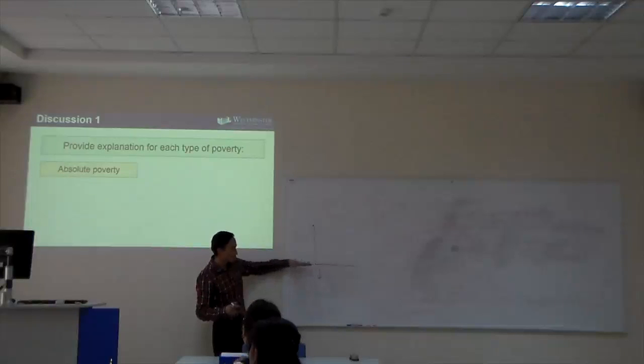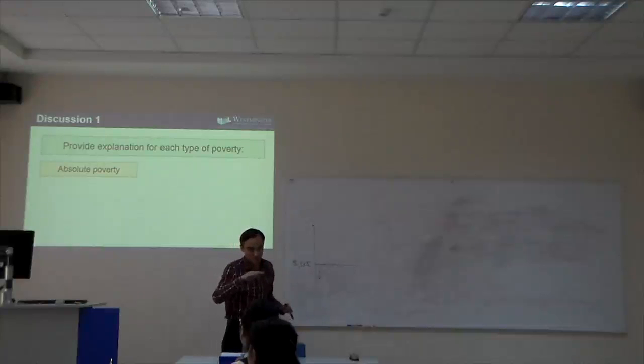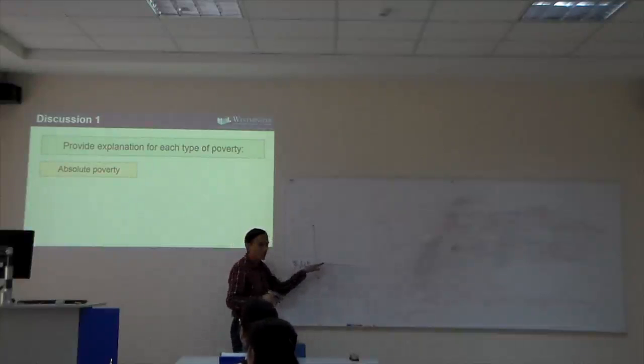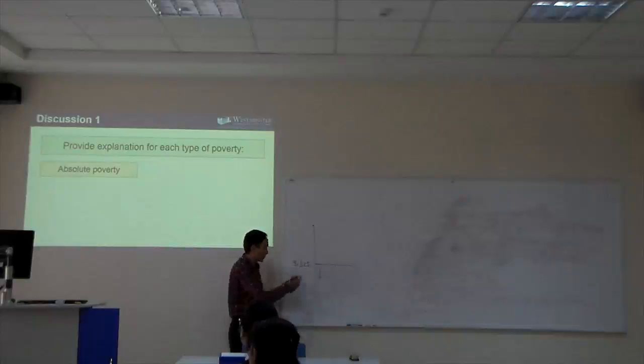$1.25 means a person who earns at least that much is able to afford minimum living standards. Even the cheapest food, clothing, or housing, it includes everything. If a person has that much money, it means that person is meeting that minimum of living standards.